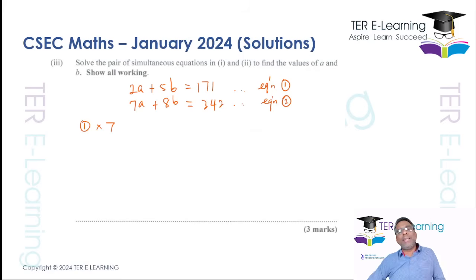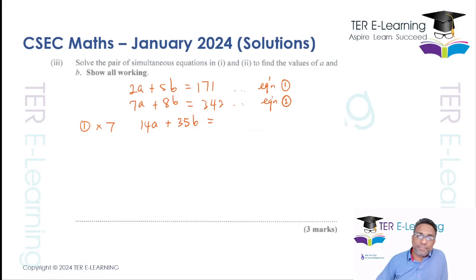You could decide to eliminate B if you want, but I'm going to eliminate A. So if I multiply the first equation by 7, this is going to be 14A plus 35B is equal to 171 times 7. That's 1197. And let's call that my third equation.